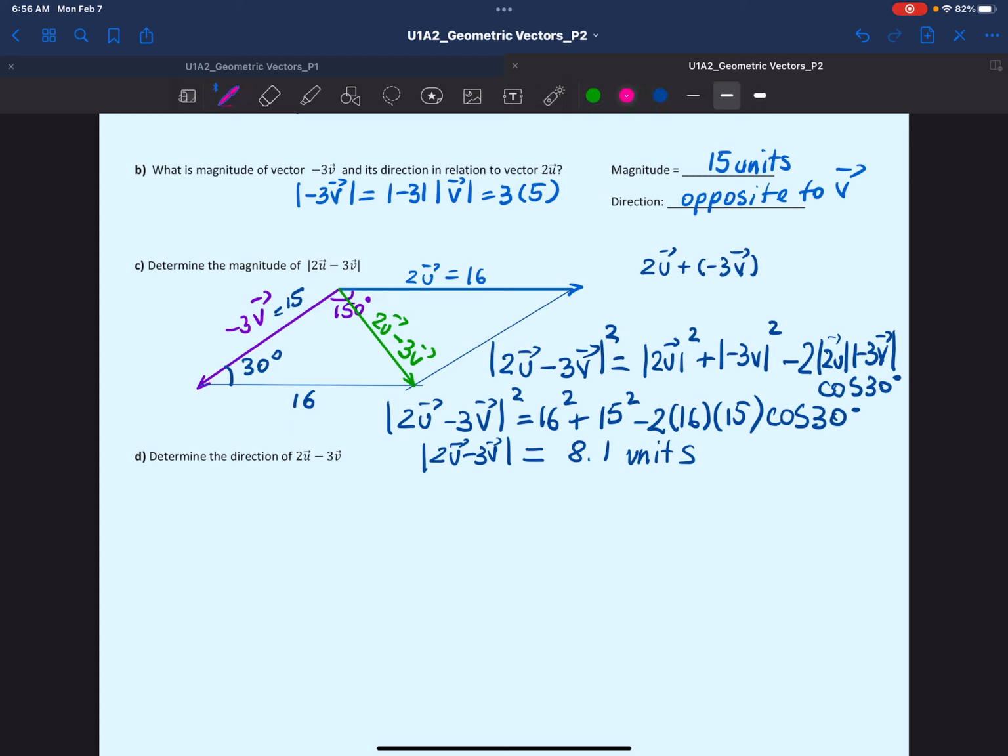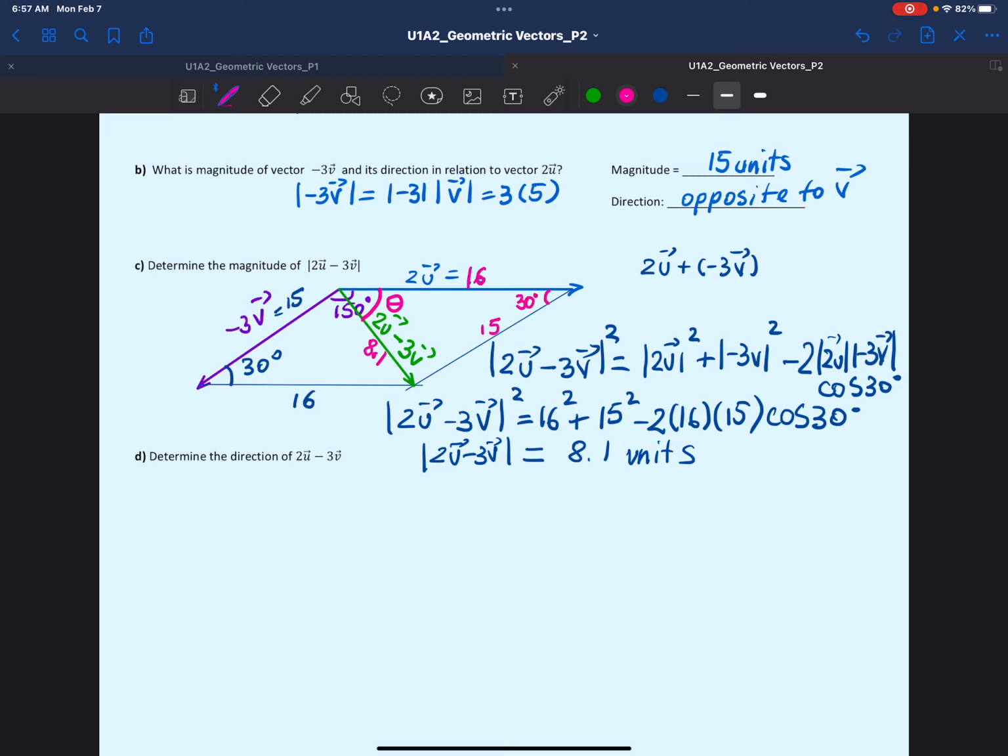And I'm going to mark this by some letter theta. So remember that in this triangle here now, we need to find the angle theta, and we know the following. So we know this side here is 15, this one here is 16, and 2u minus 3v, which we just found, is 8.1. We also know that this angle is 30 degrees.